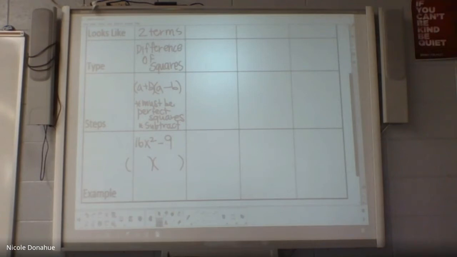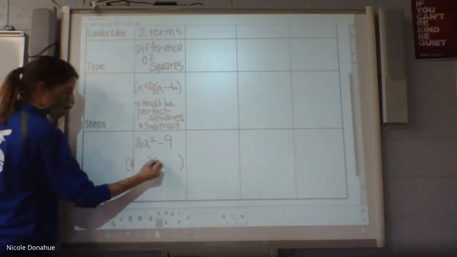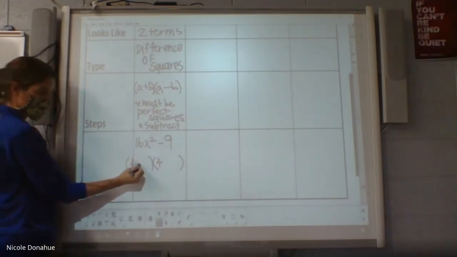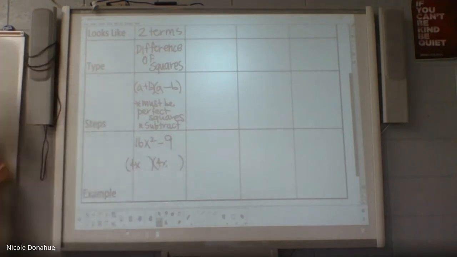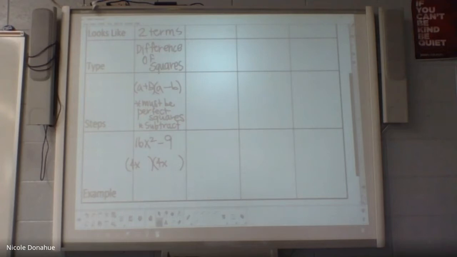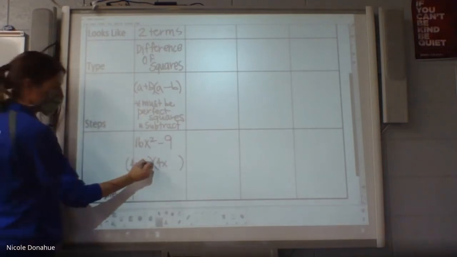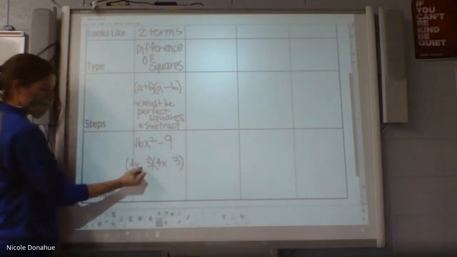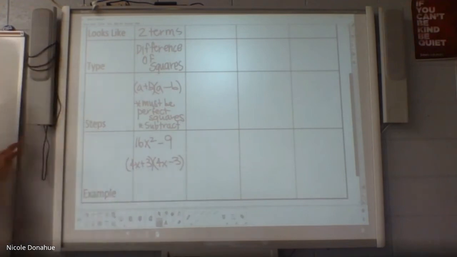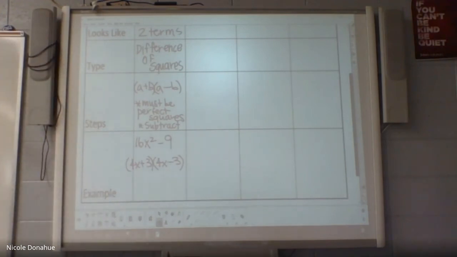What two things can multiply by itself to equal 16? 4 and 4, but since it's x squared, it's going to be x and x. And then what times what equals 9? 3 and 3. And then it's just going to be a plus and a minus. Now, if you went ahead and foiled this and checked, it would equal that.